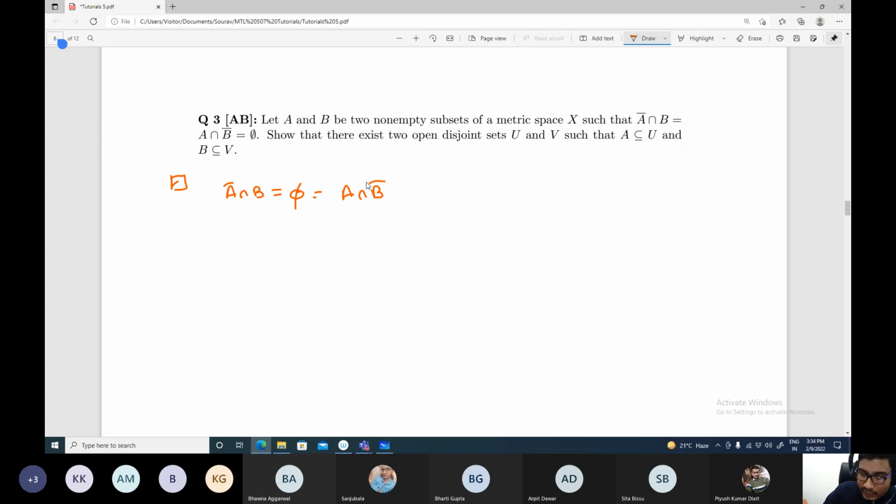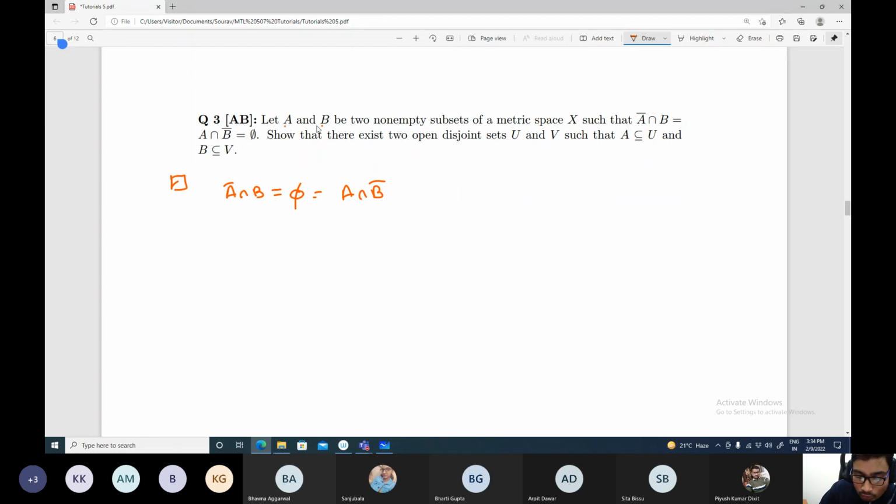Means if we have a metric space and A and B are two subsets, A and B are disjoint, as well as their closures.